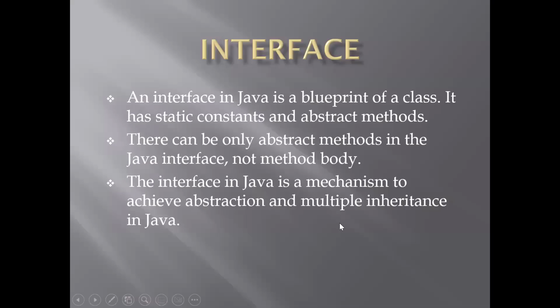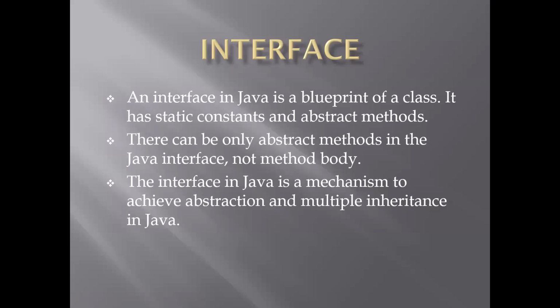Okay, so what is an interface? In simple words, an interface is something like a class, but it's created only for abstract methods. You cannot put any implementation inside an interface. An interface in Java is a blueprint of a class.